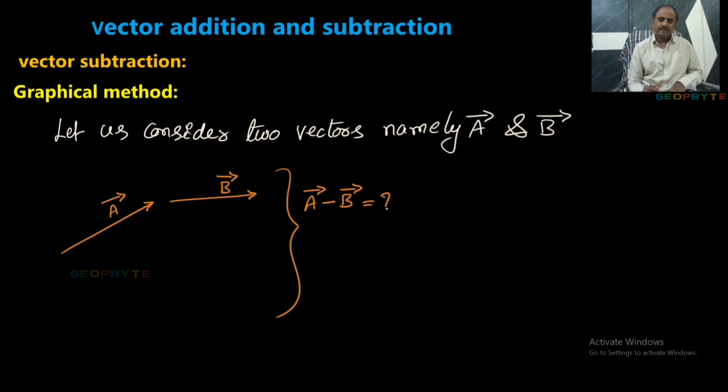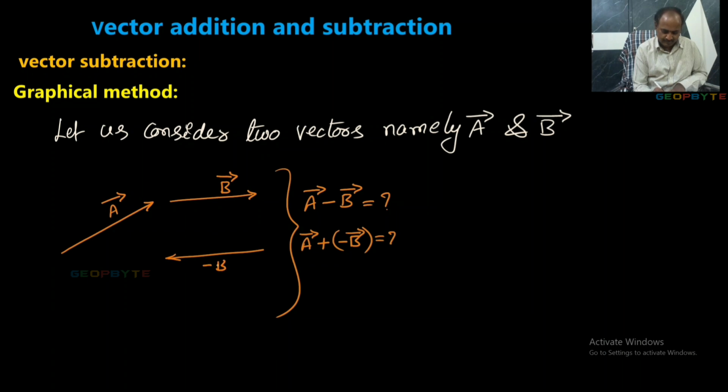For finding the vector A minus vector B, the general approach is like this: vector A plus minus of vector B. What does it mean? For the vector B, you have to draw the negative vector. The negative vector B is like this. This is the minus b bar.